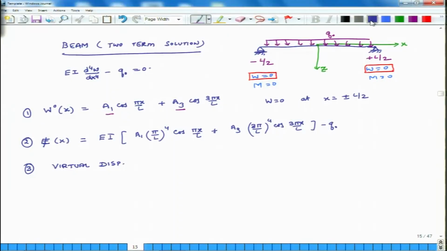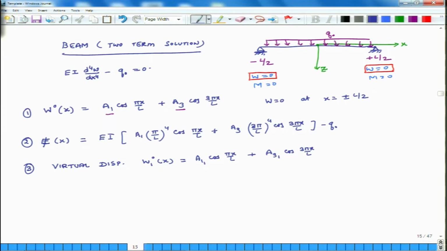So, virtual displacement is W1 of x, and again we use the Galerkin method, special Galerkin method. So, we use similar functions. So, this is equal to A11 cosine pi x over L plus A31 cosine 3 pi x over L. This extra subscript implies that it is virtual displacement.